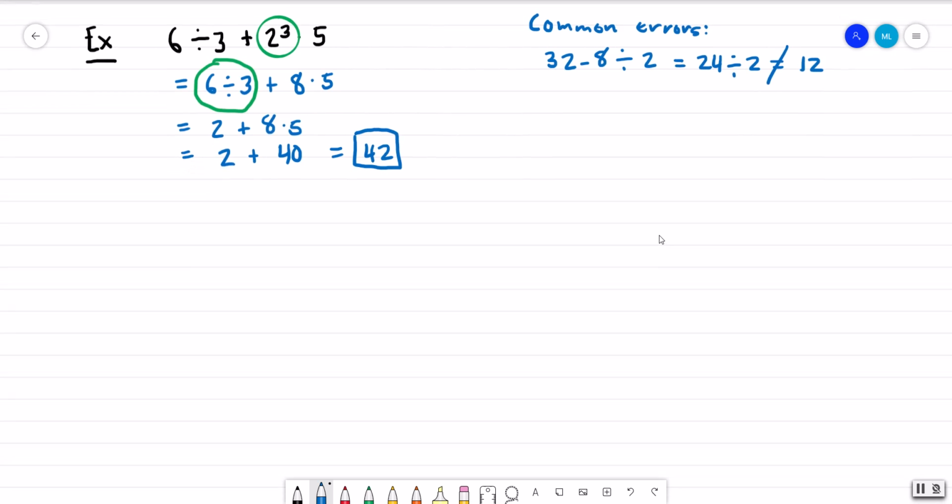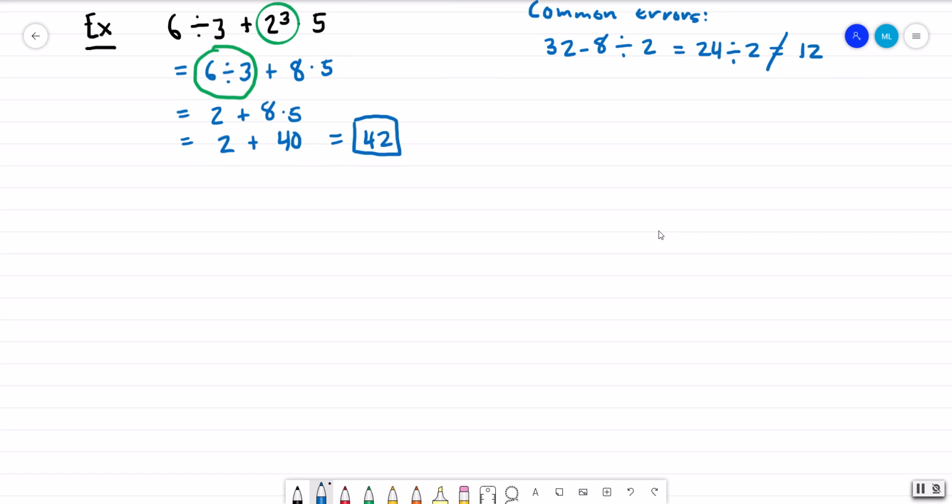Okay, so let's go ahead and look at another example, for instance. Another example where we use the order of operations could be if I have 2 cubed minus 8 divided by 4, multiplied by 2, plus 7.